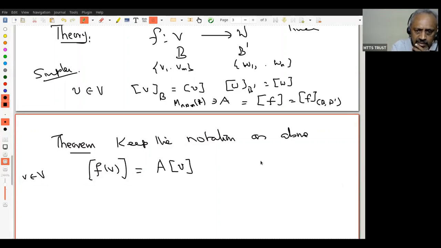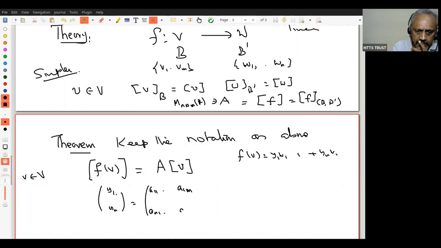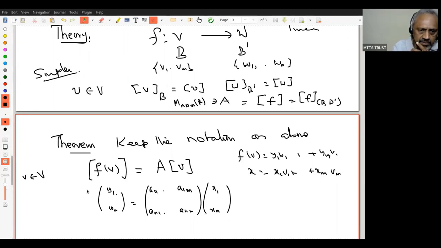Do not get lost. See, if I write f of v as y1 w1 plus up to yn wn, this side is y1 to yn, and this is the matrix a11, a1m, an1, anm. And v, if I write it as x1 v1 plus up to xm vm, is x1, x2, up to xm. Okay, you understand this?